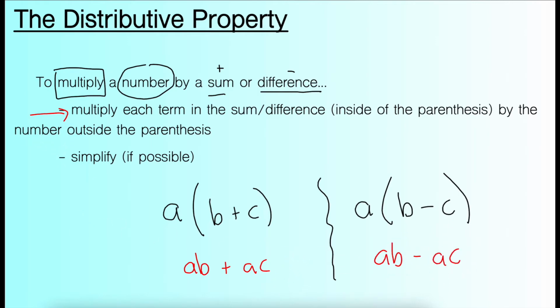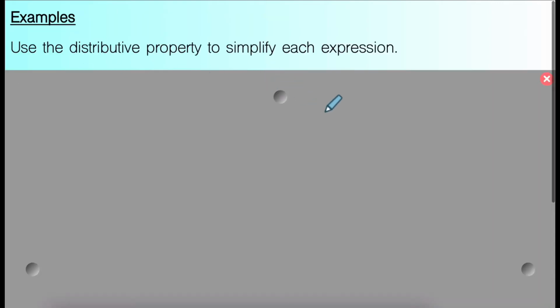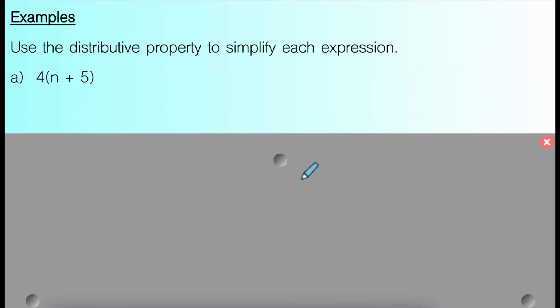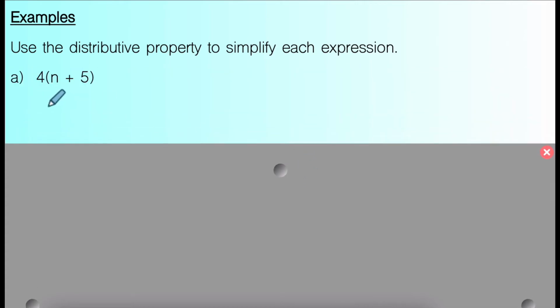And so here, let's go to some examples of where you would and how you would use this to simplify or rewrite an algebraic expression. So 4 times the sum n plus 5. Distributive property says you multiply the number on the outside by the pieces of the expression that are inside of the parentheses.